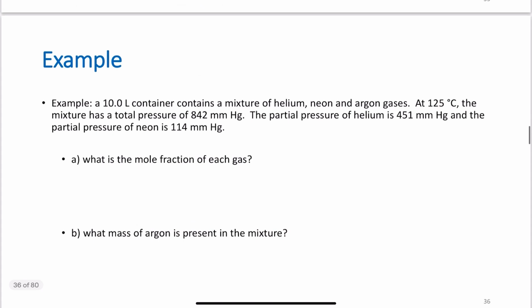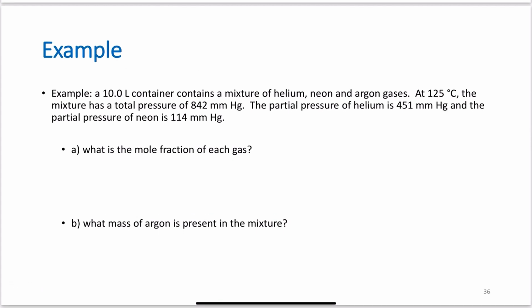Let's work an example, because that tends to help people see it a little bit better. We have a 10-liter container of a mixture of helium, neon, and argon gases. At 125 degrees Celsius, the mixture has a total pressure of 842 millimeters of mercury. So P total is 842 millimeters of mercury. Remember, when I say millimeters, I mean distance.